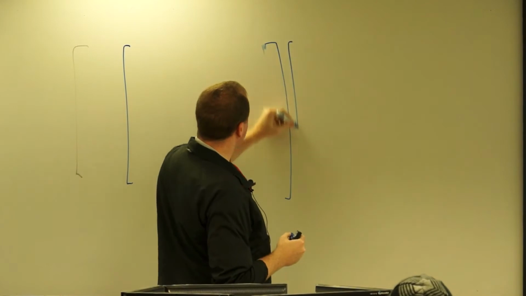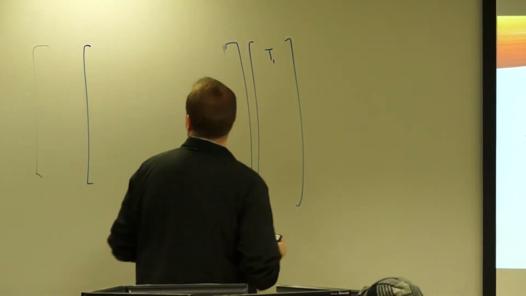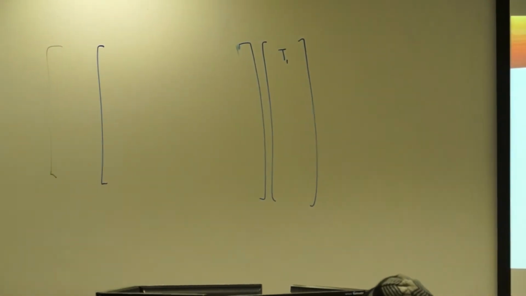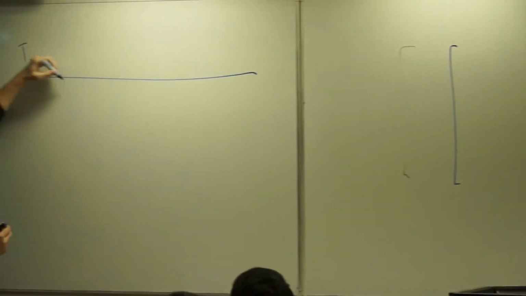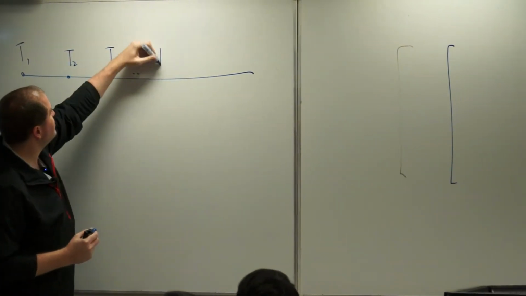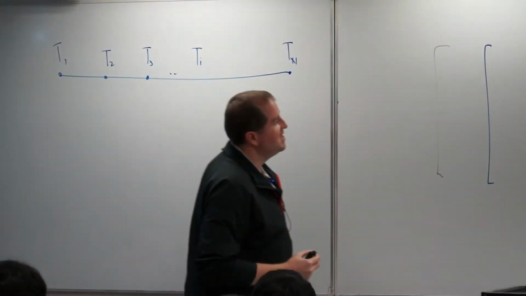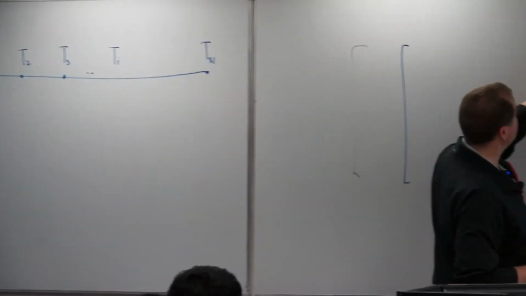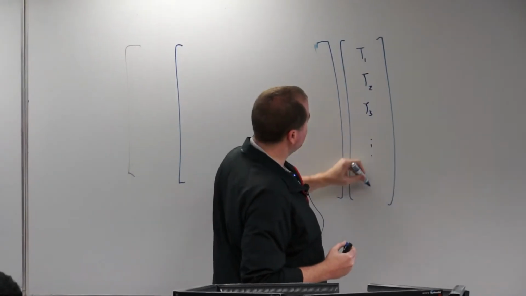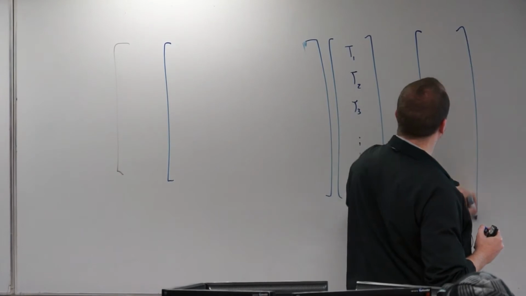So we're going to try and solve the temperatures at T1. We have a long 1D problem. We have T1 here, T2, T3, some Ti here, all the way up to Tn. We're going to solve all of these, T2, T3, all the way up to Tn, and we're going to have a matrix system to do it.